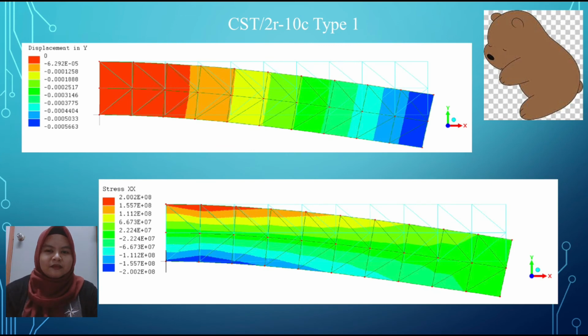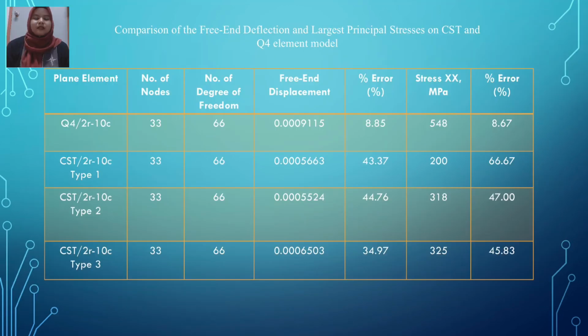The analysis has also been done on the other three types of element model, and this is for the CST type 1 mesh. The results of the analysis are shown in table form. From this table, we compare the free end displacement and the largest principal stresses for the CST and Q4 element models.